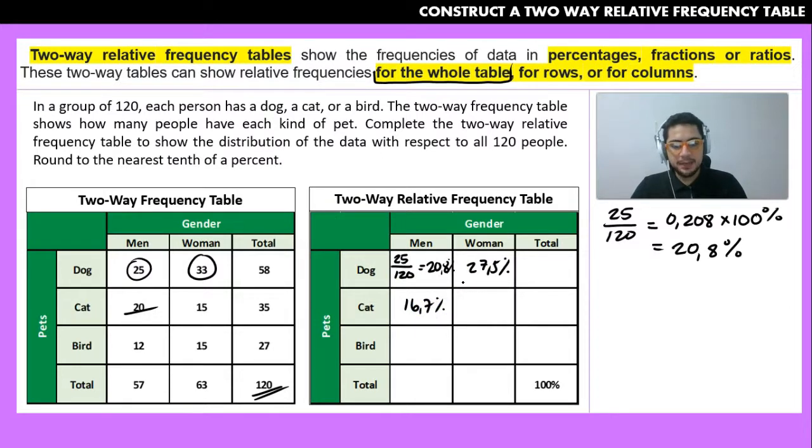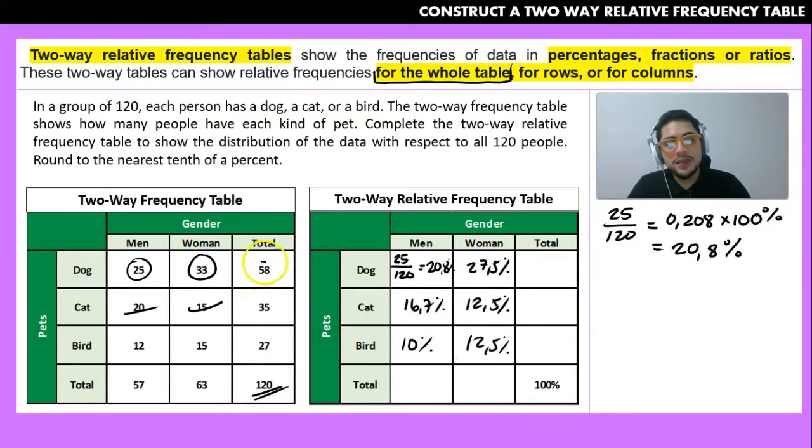Now, 15 divided by 120, which is the amount of women who have cats, is going to give us a total of 12.5%, right? 12 divided by 120 times 100 is going to give us 10%, and 15 divided by 120 multiplied by 100 is going to give us a total of 12.5% as well.